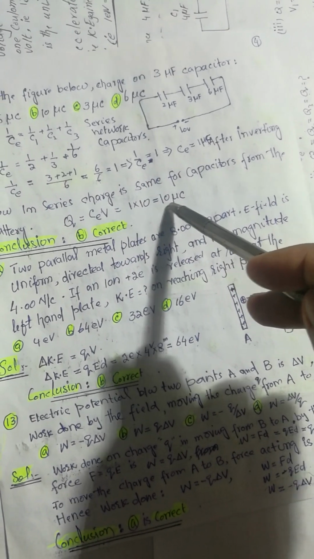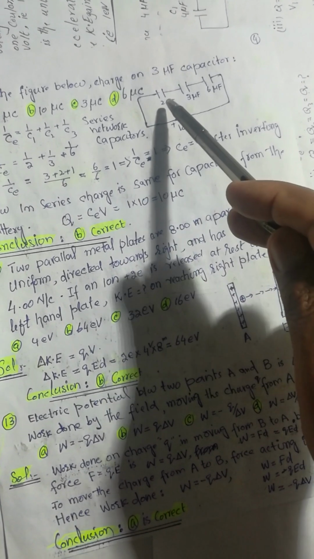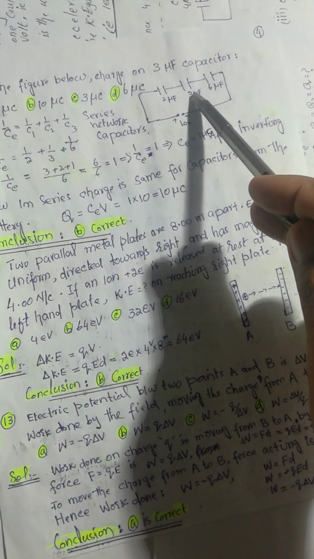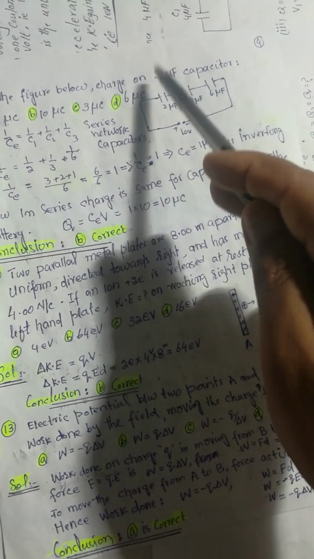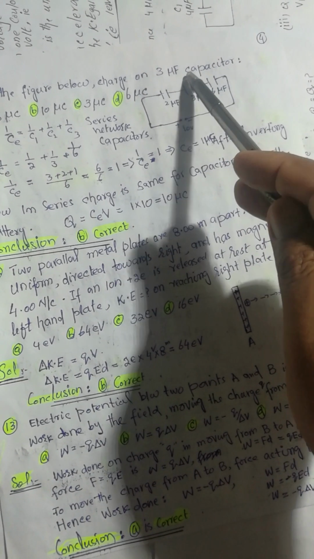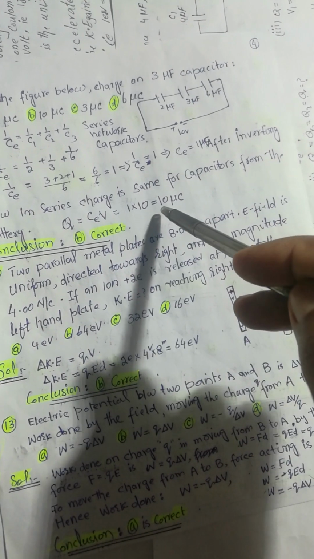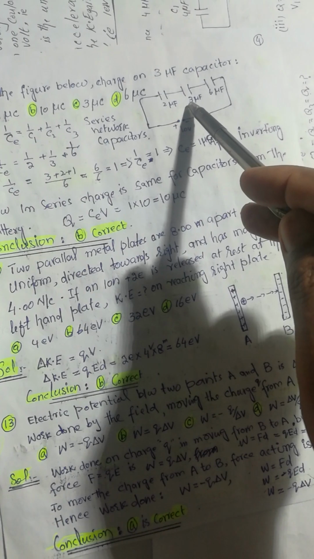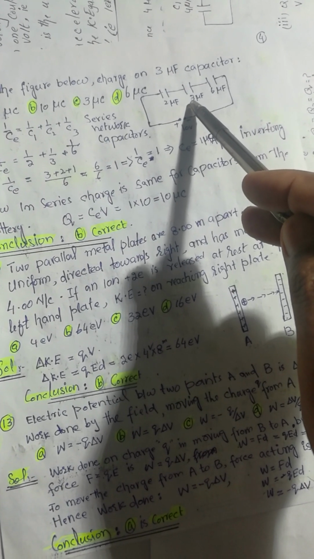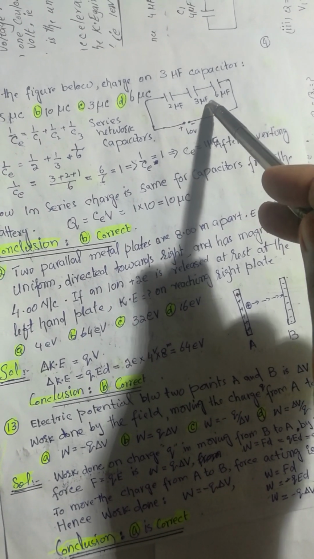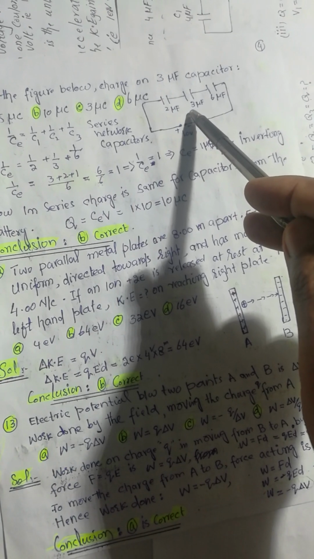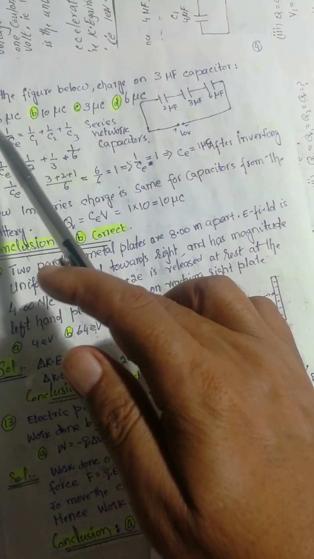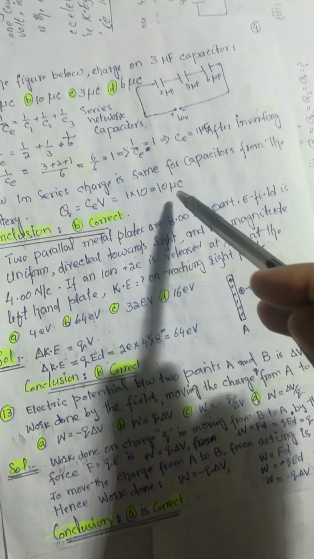Thus 10 microcoulombs is the charge passing through C1, C2, C3. So the answer for the 3 microfarad capacitor is that 10 microcoulombs of charge will pass through it. So option B is correct.